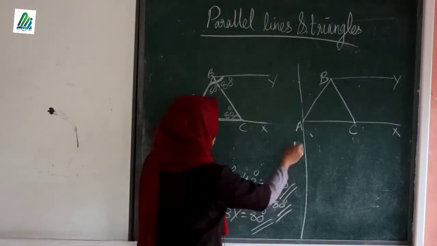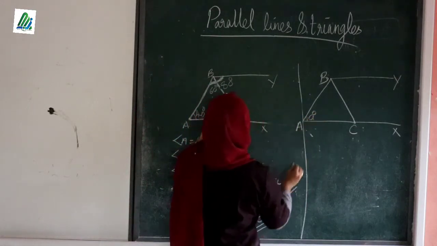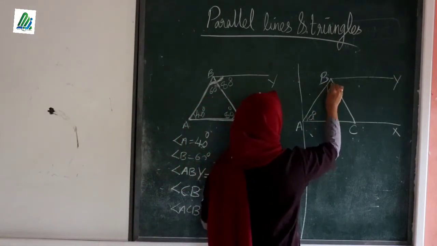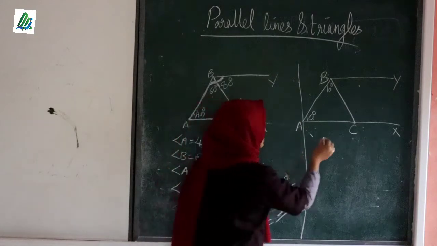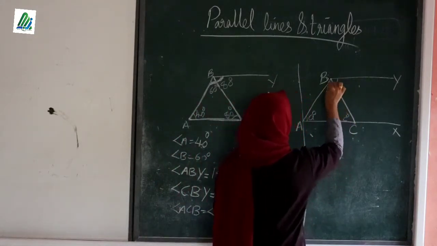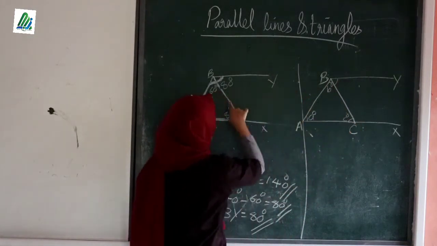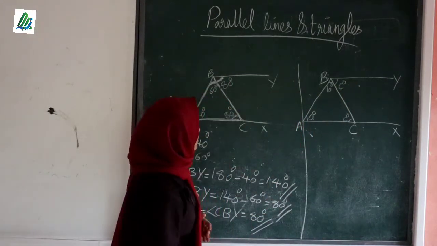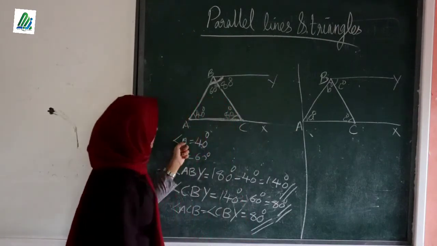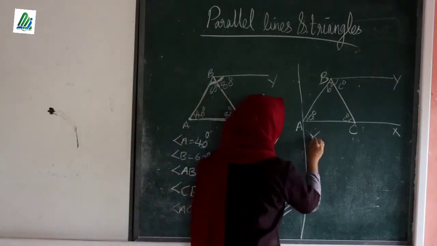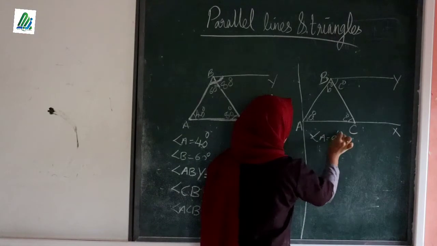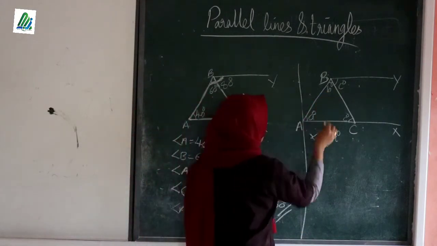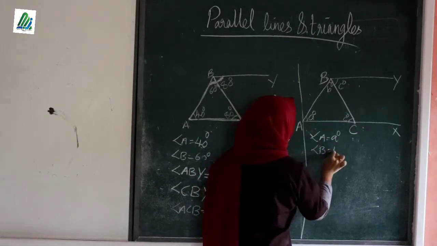Here 40 degrees, we take A degree, and instead of 60 we use B degree, and instead of 80 we use C degree. Here also 80, here also C degree. And here angle A is 40 degree, so here the angle A is A degree.